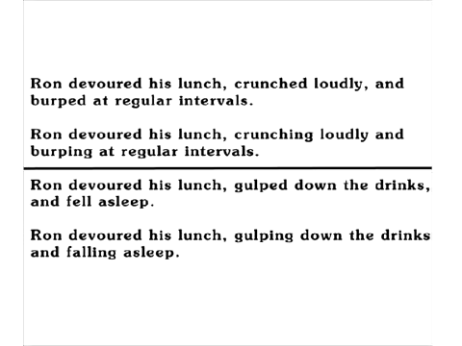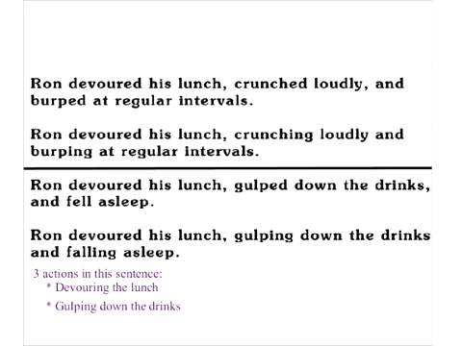In the bottom two sentences, the ideas are devouring the lunch, gulping down the drinks, and falling asleep. So three ideas, three actions in this sentence. The first is devouring the lunch. The second is gulping down the drinks. And the third is falling asleep.